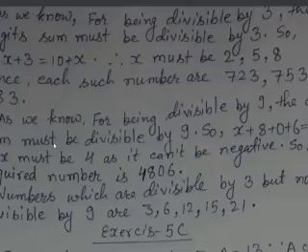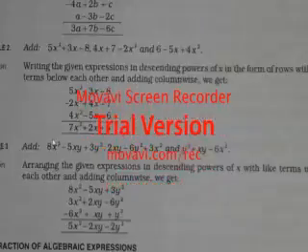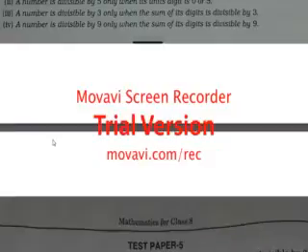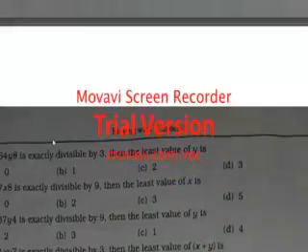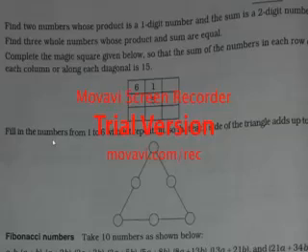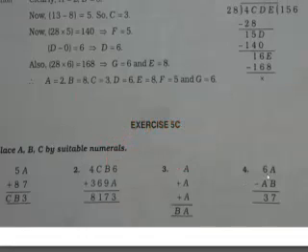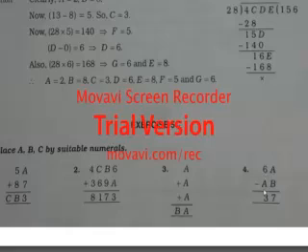Okay, let's see question number 4. Here it is 6a minus ab, that is in subtraction. Now a minus b should be 7, and 6 minus a should be 3.